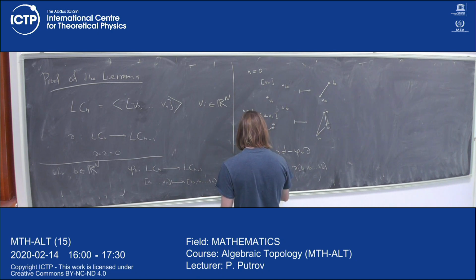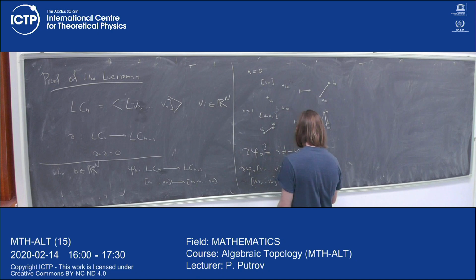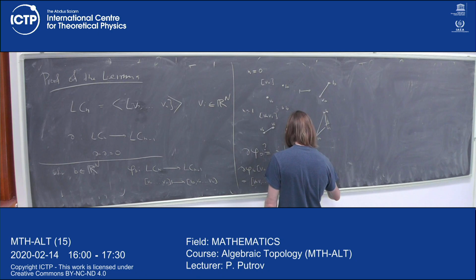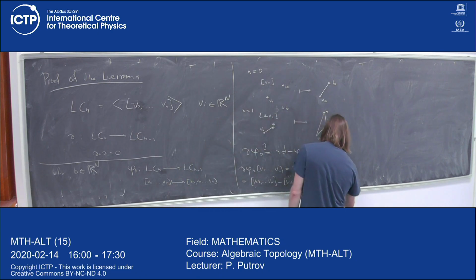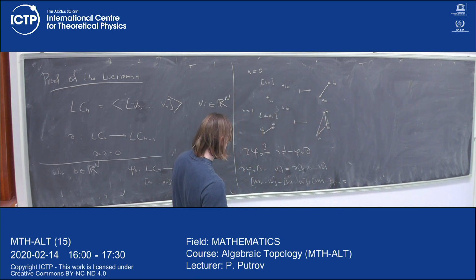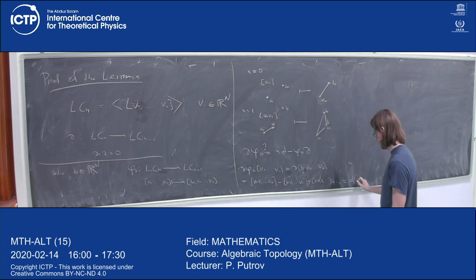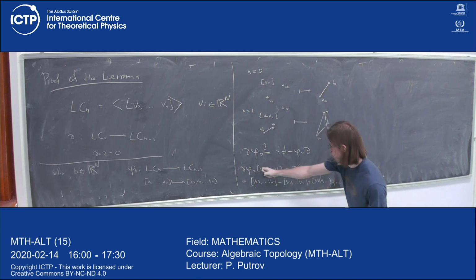So it will look like this. The first term will be V0, V1 till Vn. Then minus B, V1 till Vn, where I remove the second point, plus B, V0, V2, and so on. I can separate the first term, which is just the identity acting on the generator we started with.